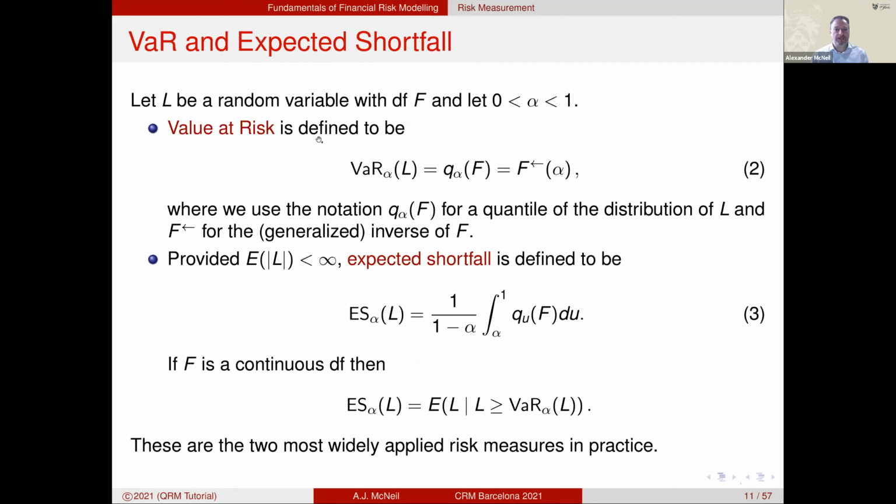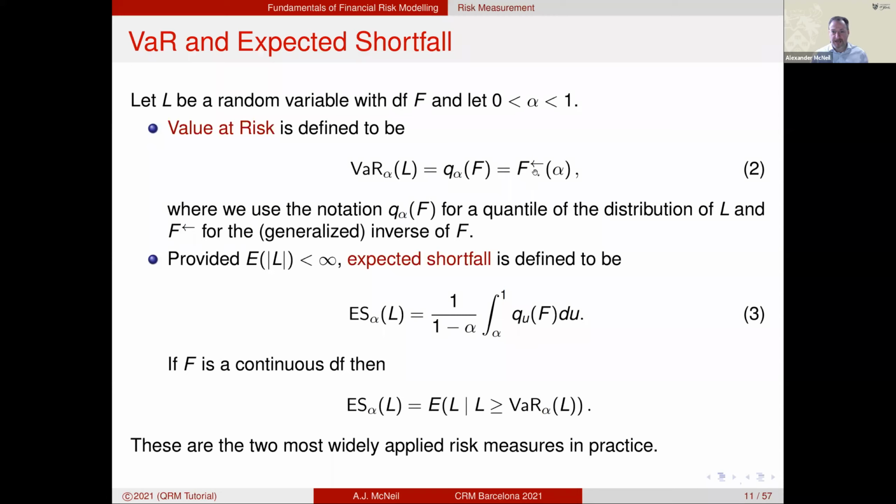VaR is just a quantile. And if we want to give a mathematical formula, if our loss has a particular distribution function F, then the alpha VaR is simply the alpha quantile of the distribution F. So F is a distribution function. If we invert it in general, we get the quantile function. And that is simply what VaR is.